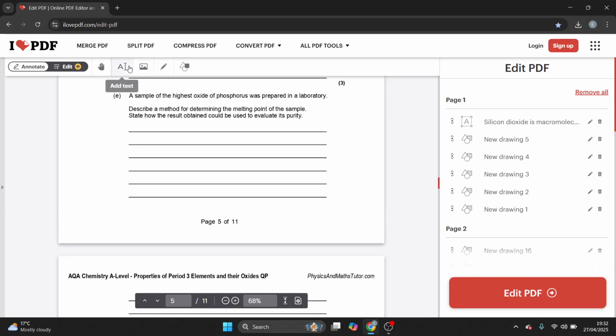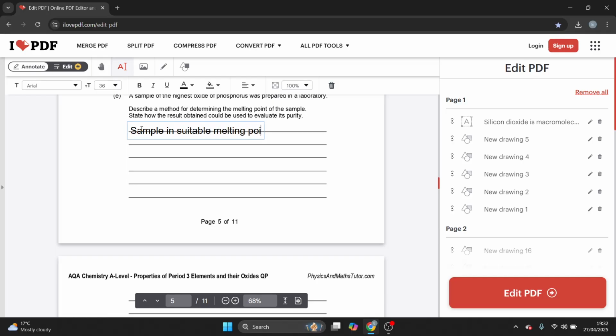Describe a method for determining the melting point of a sample, and how the result could be used to evaluate its purity. Place the sample in suitable melting point apparatus, for example capillary and oil bath.